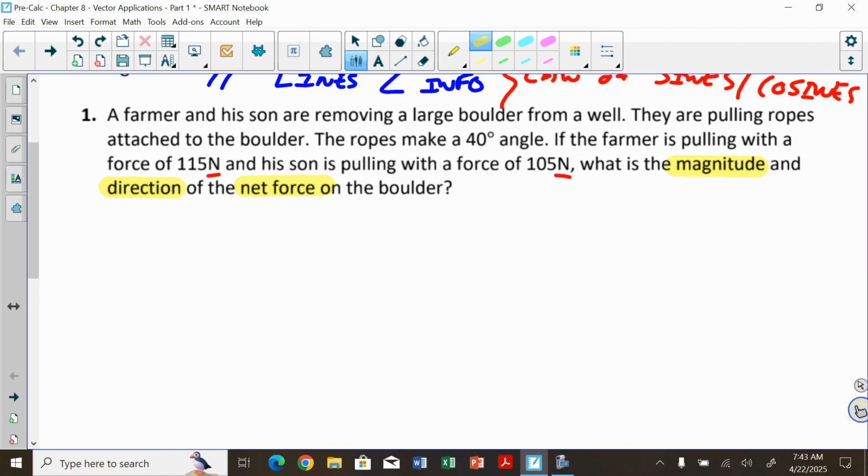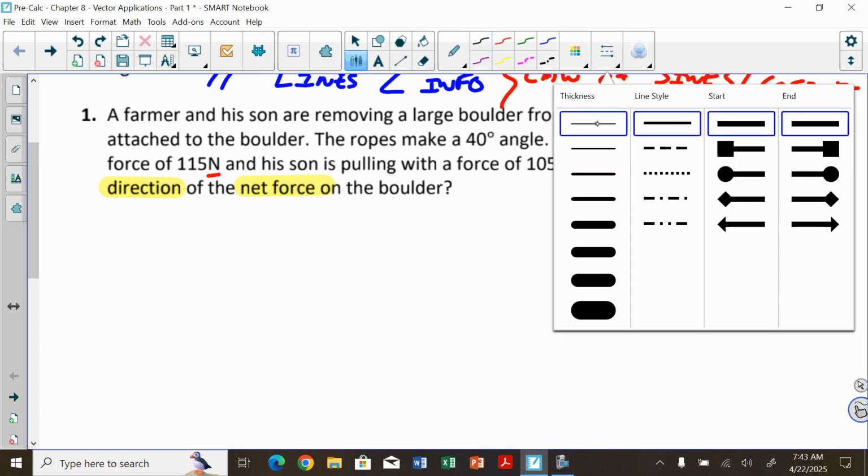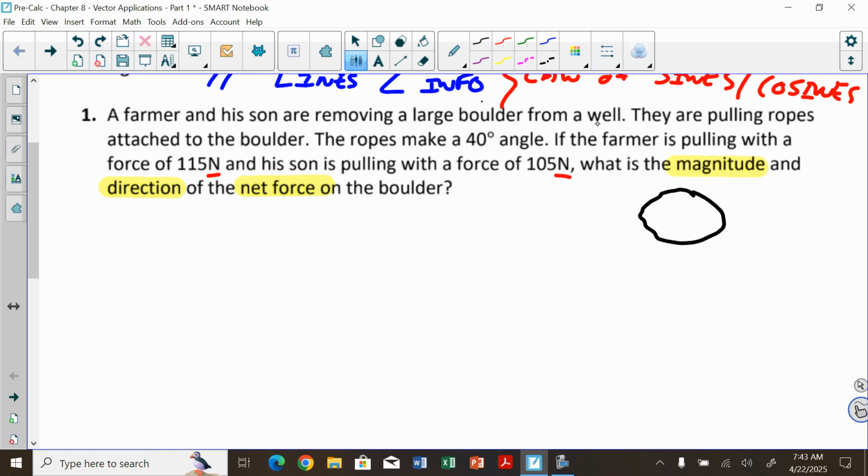So let's draw a picture here and see how it works. So we've got our little boulder. Going to make a boulder here. Okay, and then we'll have our ropes that are attached to it. So let's say they form a little triangle, right? So I'm going to try to draw it big so we can see clearly. All right, so it says here that the ropes form a 40-degree angle. So that means that this angle here is going to be 40 degrees.